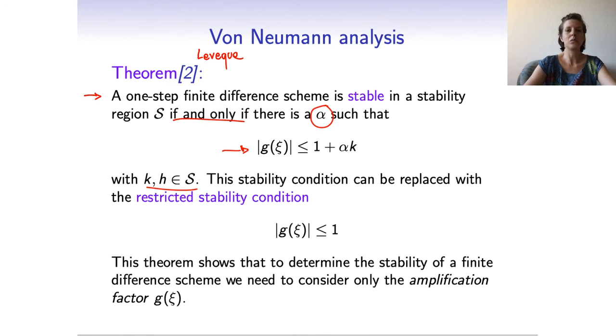This stability condition can be replaced with the restricted stability condition, which is this one, and this theorem shows that to determine the stability of a finite difference scheme, we need to consider only the amplification factor G of psi of the method.